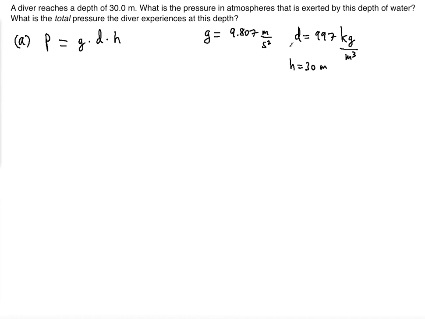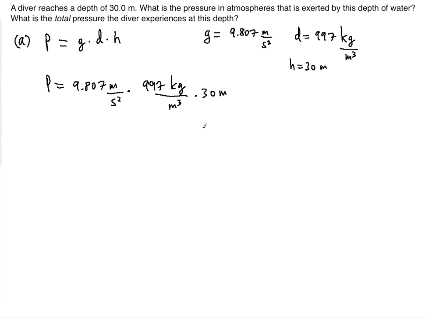Right, so what we have is this. Pressure equals 9.807 meters per second squared times 997 kilograms per cubic meter times 30 meters.